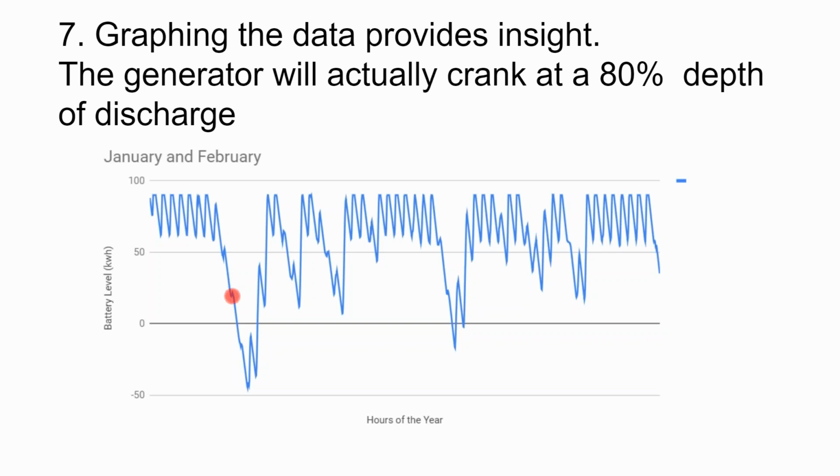Nothing's going to get produced on that day, and so we go to the next day, and it's the same thing. And then, oh, the sun comes back up, and then, oh, the sun really comes back up, and then we get into kind of a more normal weather pattern, and we almost hit the bottom, and then the sun brings it all the way back up, whereas at this point right here, we would have to crank the generator and take it all the way up to the top.